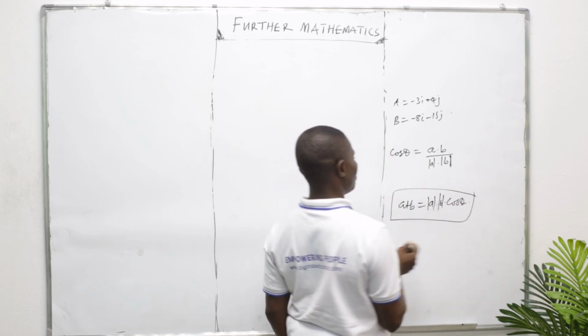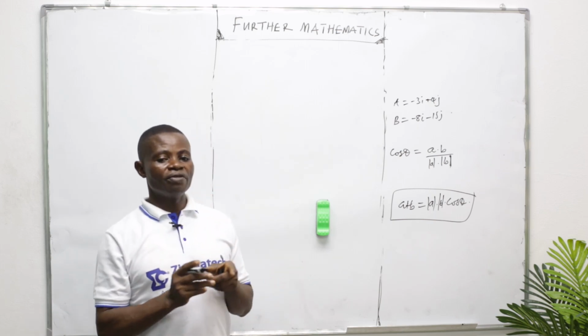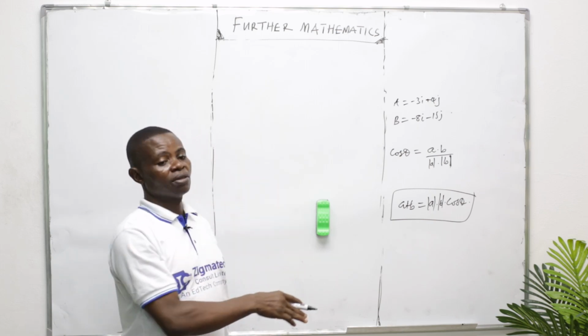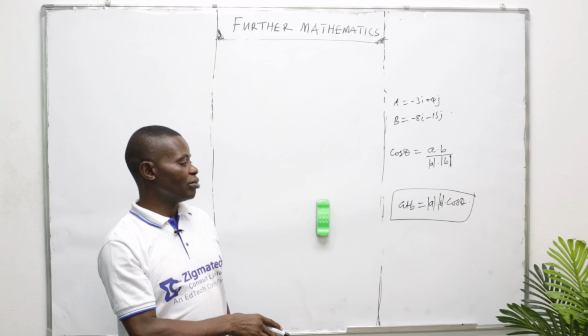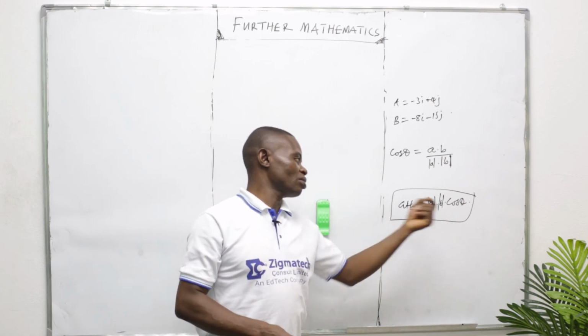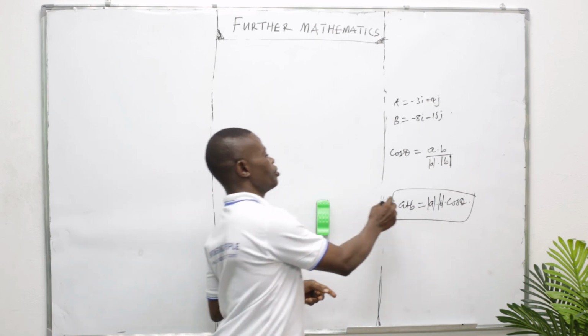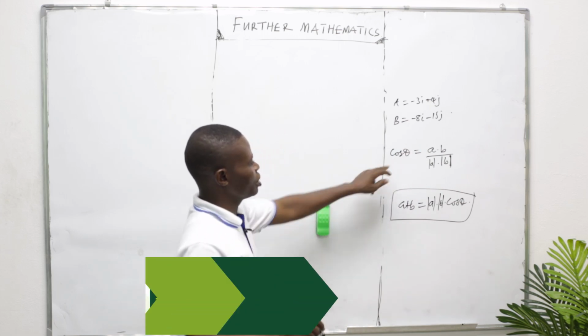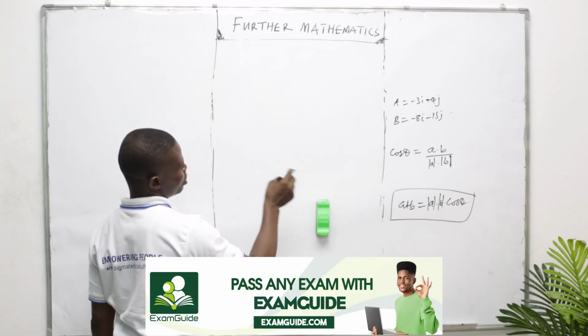This formula is applied when the vector is perpendicular. But now we're not dealing with this particular one. So take off your mind from it. Concentrate on this. Cos theta equals this.